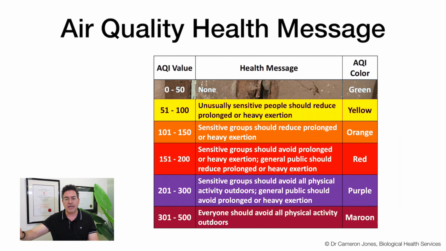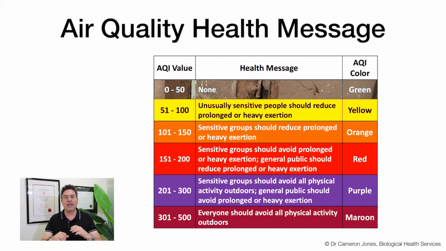And so if we look at this air quality index and we look at the health messages around it, you can see that even at the low level, at 51 to 100, sensitive people are encouraged to reduce and not exert themselves too strenuously. And you can then see that as we move into the purple area where, for example, most of us in downtown Melbourne are between the 150 and 300 range, it means that, again, the general public should not exert themselves too strenuously.